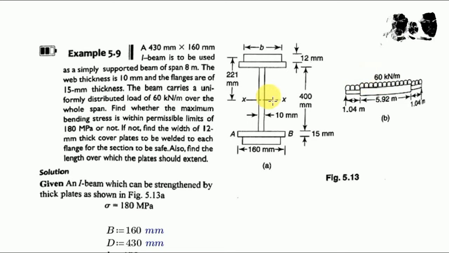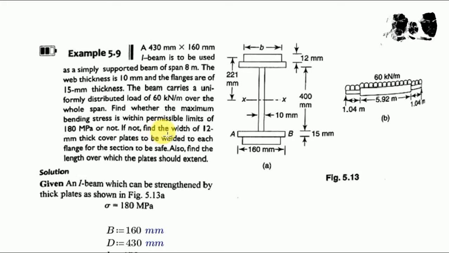Find whether the maximum bending stress is within the permissible limit of 180 MPa or not. So we need to find the bending stress and check whether it is greater than or less than the value of 180 MPa, to deduce whether the beam is going to fail in this particular loading or not.